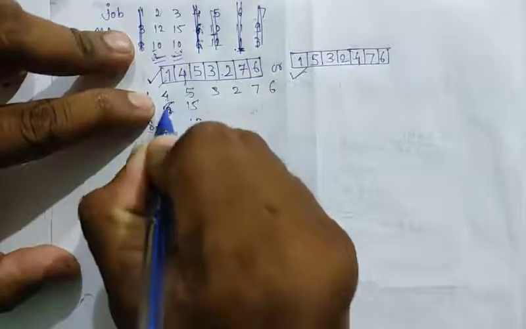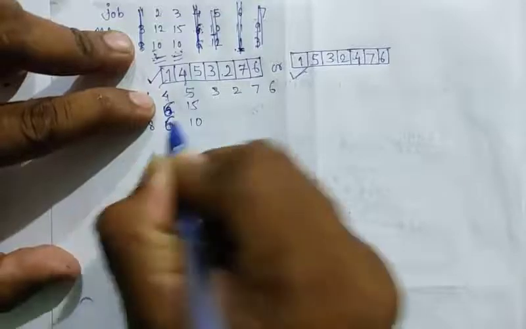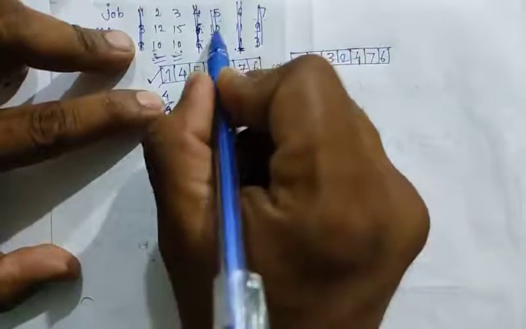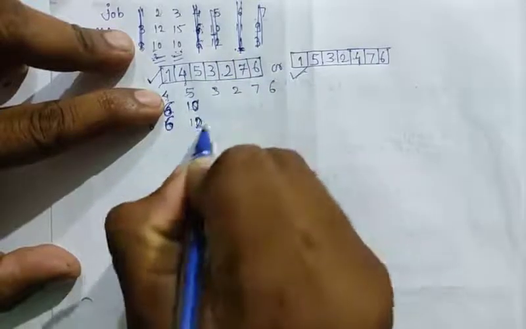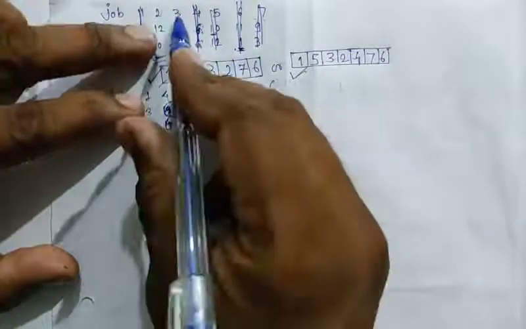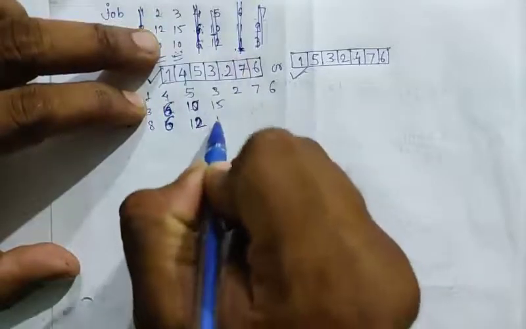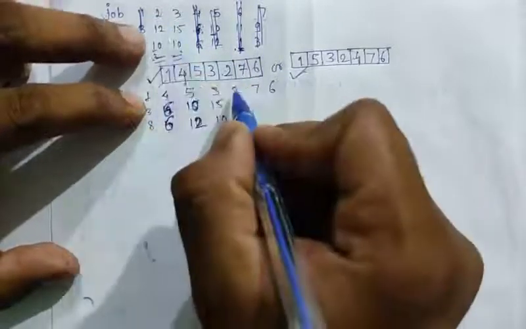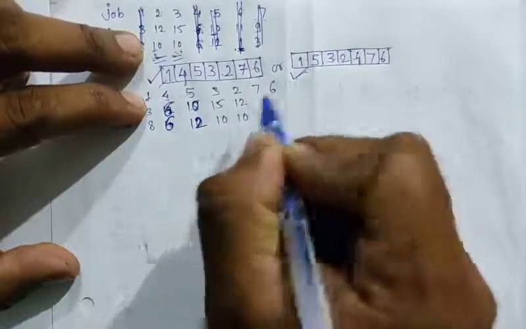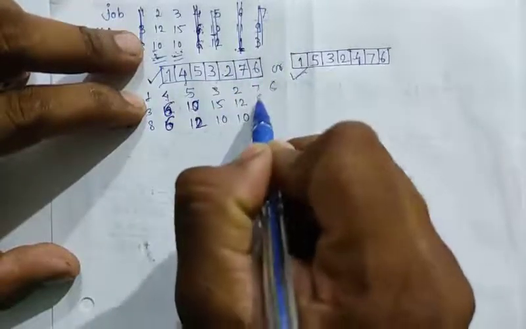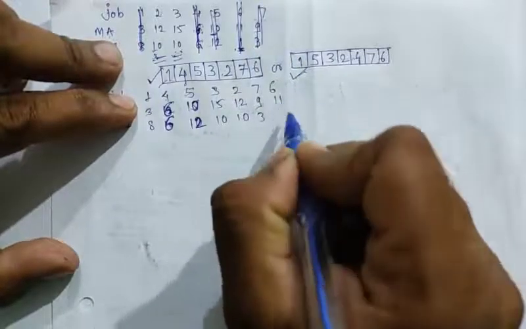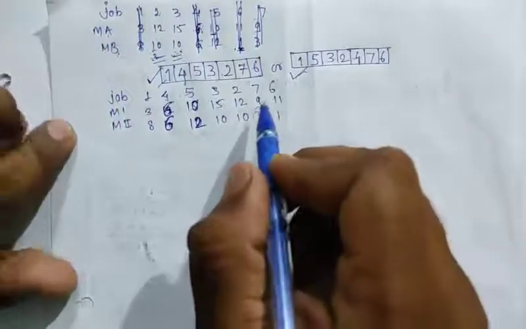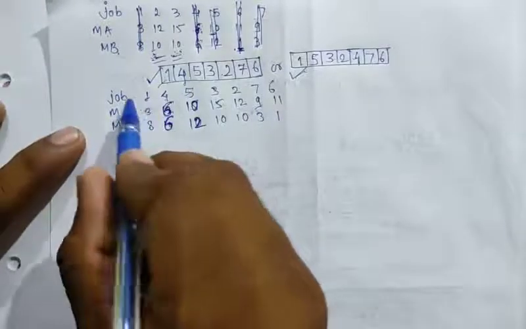For the fifth job, 10 and 12 hours. For the third job, 15 and 10 hours. For the second job, 12 and 10 hours. For the seventh job, 9 and 3 hours, and for the sixth job, 11 and 1 hours. So this is our given seven jobs through 2 machines.